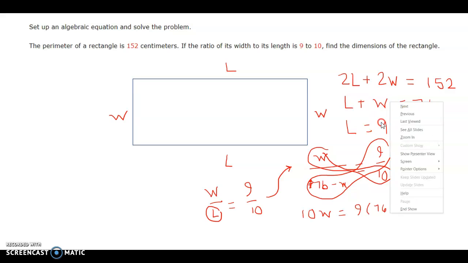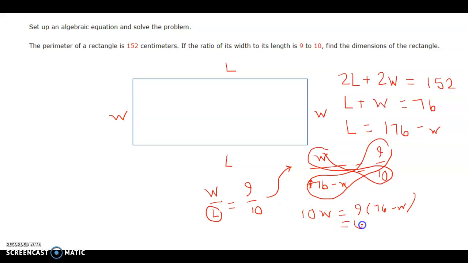So now I need to distribute. Whoops. 9 times 76 is 684. And 9 times negative W is negative 9W.